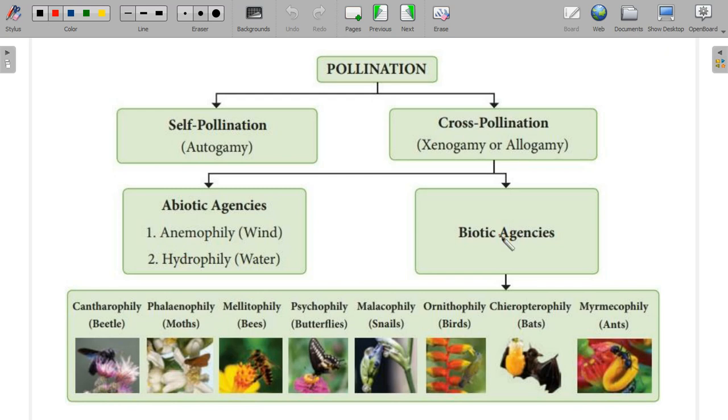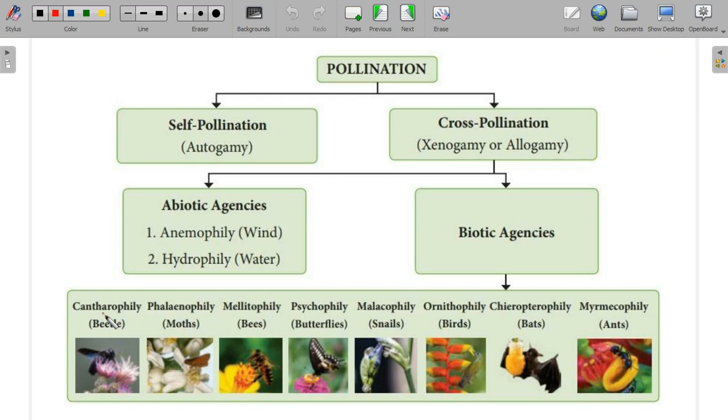When you look at the biotic agents of transfer, we have various types. The common example is bees. Commonly, if it is insects, people use the term entomophily. But since we are specifying the organism, even a moth comes under a specific category. So there are specific terms given here.